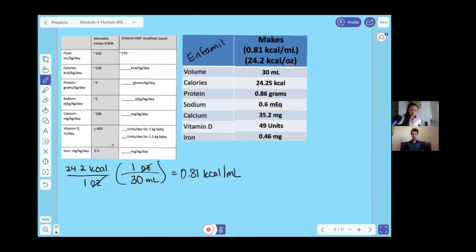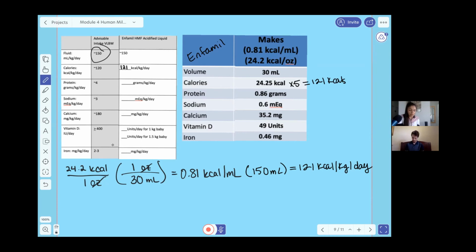Now that we have our 0.81 kcals per milliliter, we can multiply this times our 150 milliliters that we need, and that gives us about 121 kcals per kilogram per day. Or we can also multiply by 5 recipes, which will also give us our 121 kcals.